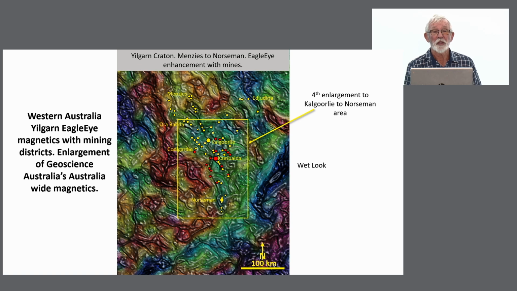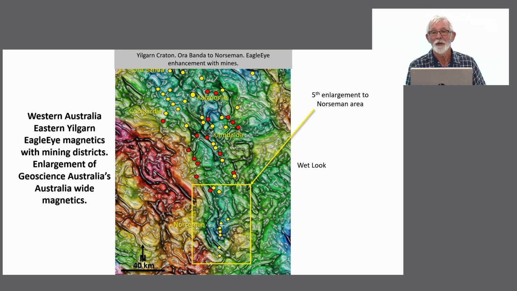So this particular image is the fourth enlargement to the Kalgoorlie to Norseman area. It's a wet look, gives prominence to the high magnetics, but not very good for detailed structure. And on the fifth enlargement, we go down to the Norseman area. Once again, I've given it a wet look so that it brings out the regional structure, which is initially what we're after.